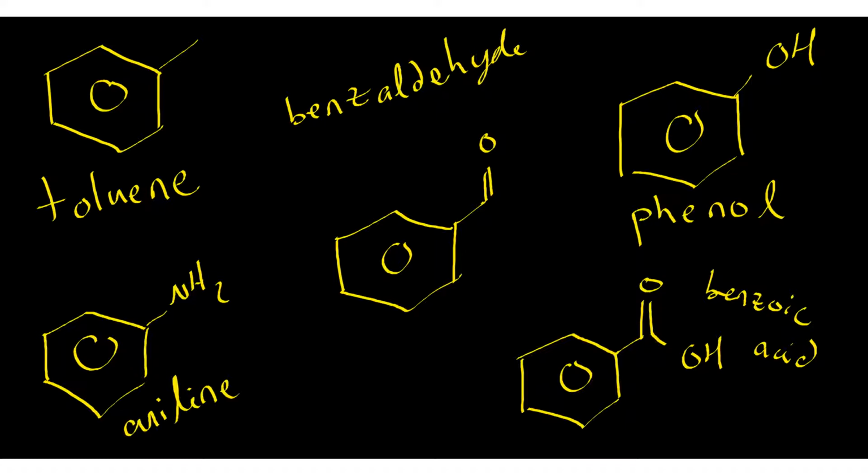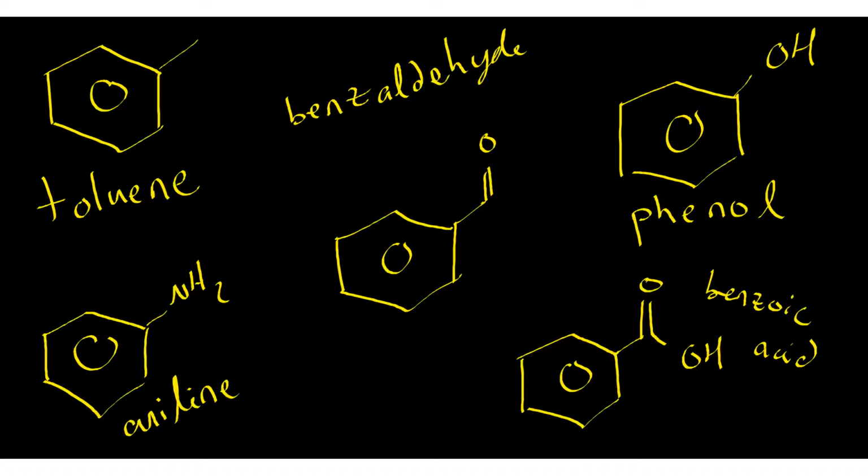So here are the five you should know about. In the upper left-hand corner, we have a methylbenzene, better known as toluene. Beneath that, we have an aminobenzene, better known as aniline.